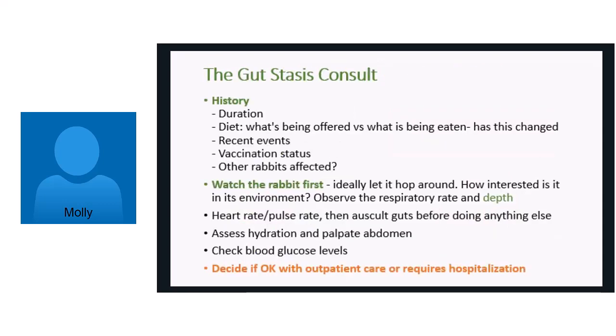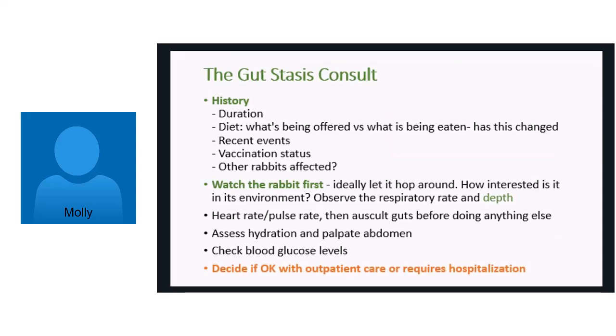So, actually, what am I going to do? I'm going to go through quite a defined consult, and there are answers to questions that I need to pick out from what I ask these owners. And firstly, how long has it really been going on for? Quite often, when you ask these guys very specific questions, they say, well, he hasn't eaten since this morning.